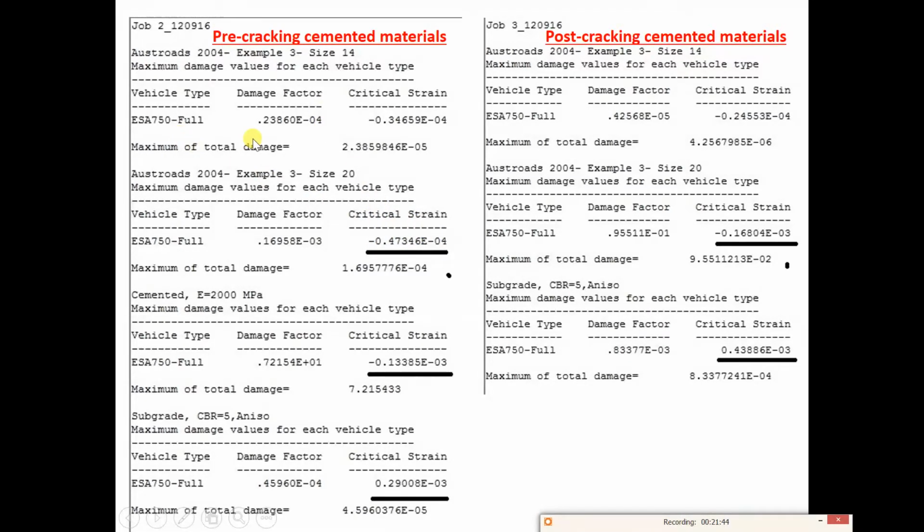You can see the one highlighted, underlined in black. This one is the asphalt, the Austroads 2004 example 3, size 20. This is the critical strain. The underlined one, we have to multiply by 1 times 10 to the power 6. And this one is the cemented material.